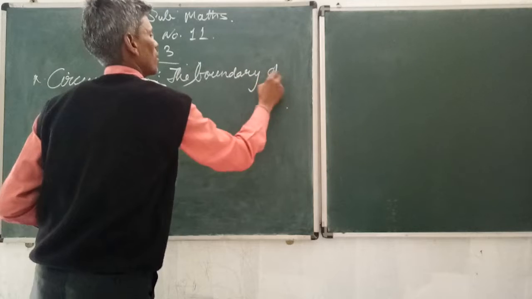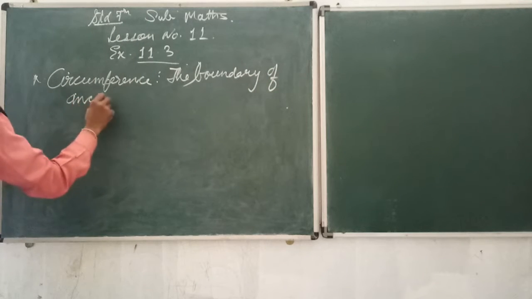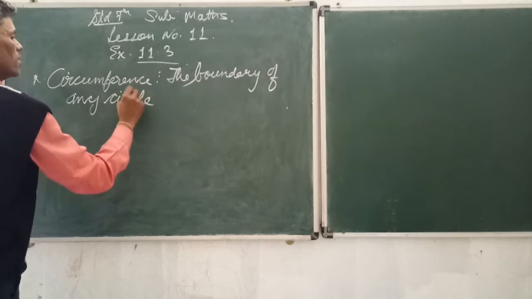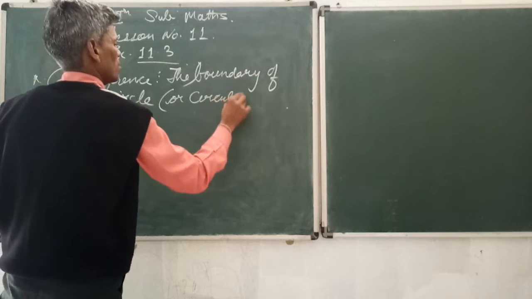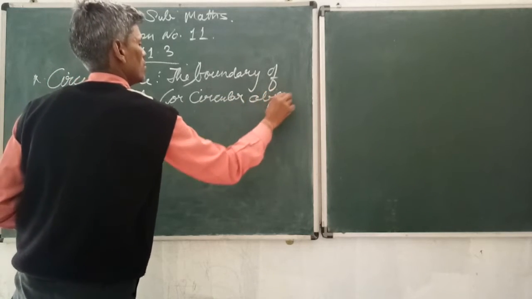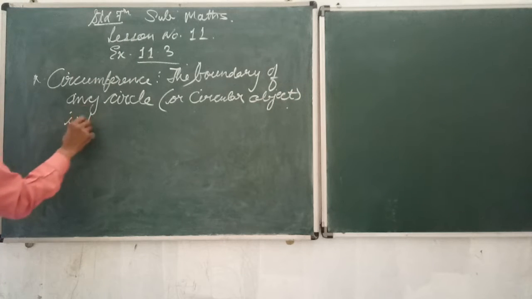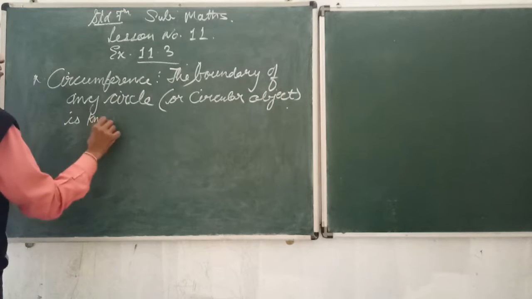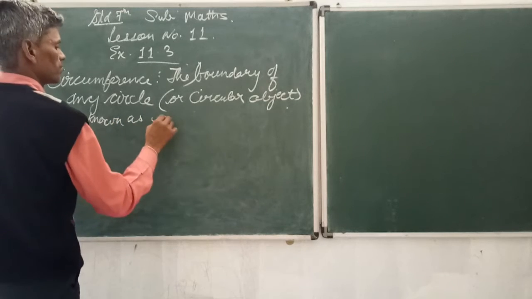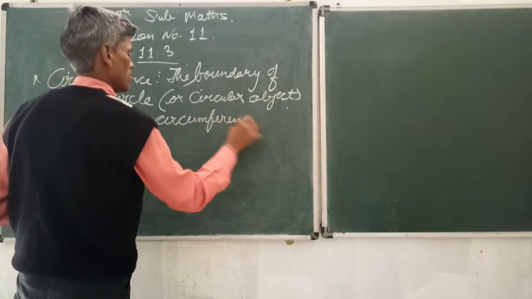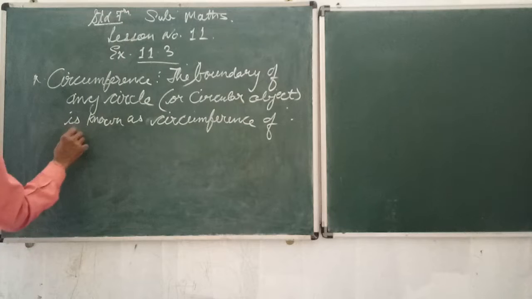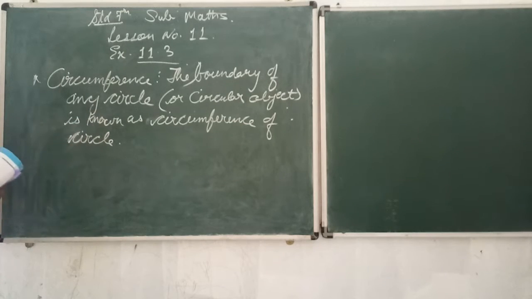The boundary of any circle or circular object is known as the circumference of the circle. In short, the perimeter of a circle is known as circumference. We will not say its perimeter, but okay.